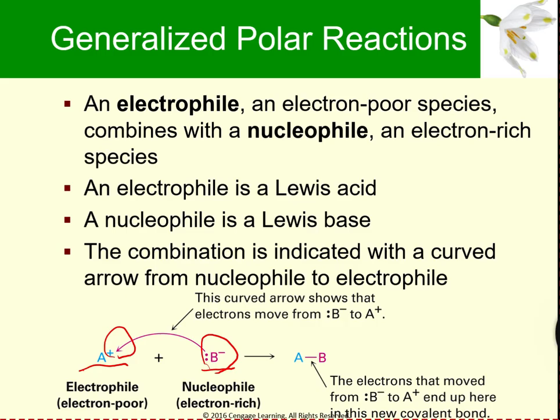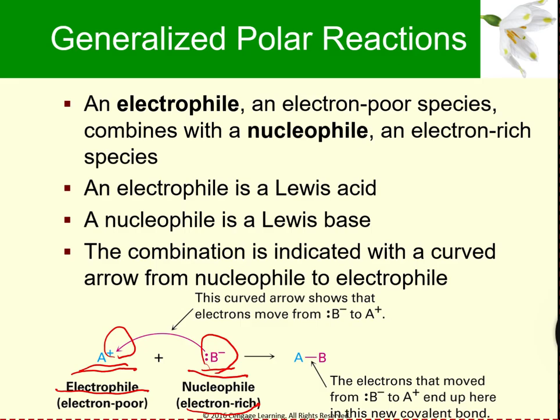This one has one more extra electron, and we call this a nucleophile. We call this an electrophile because this is positively charged and likes electrons, because electrons have negative charge. Because this is negatively charged, it likes the nucleus, because the nucleus has a plus charge. So a nucleophile generally is electron rich, and an electrophile is generally electron poor, meaning lacking electrons.